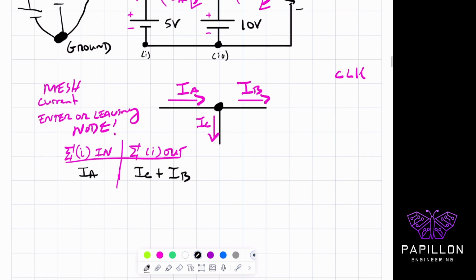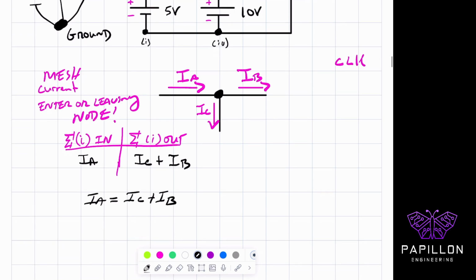So what does that mean from a mathematical standpoint? It means that IA equals IC plus IB. And if I wanted to know what IC really is, I can solve for it algebraically, and I would see that IC equals IA minus IB.